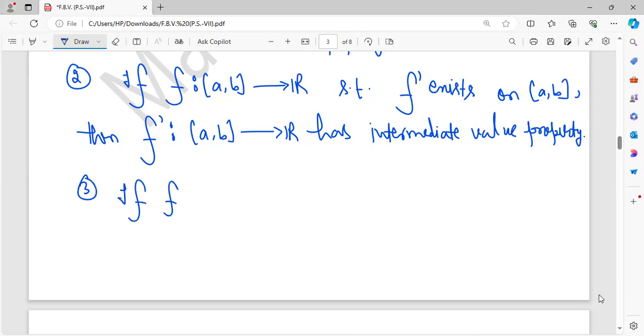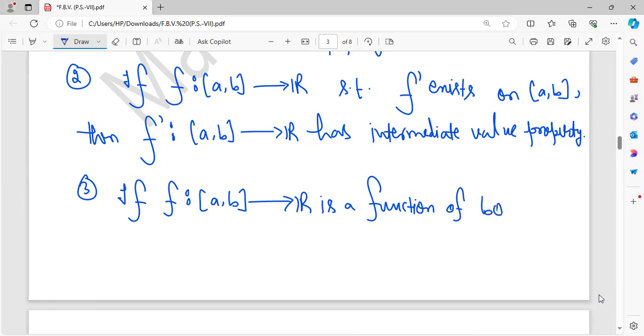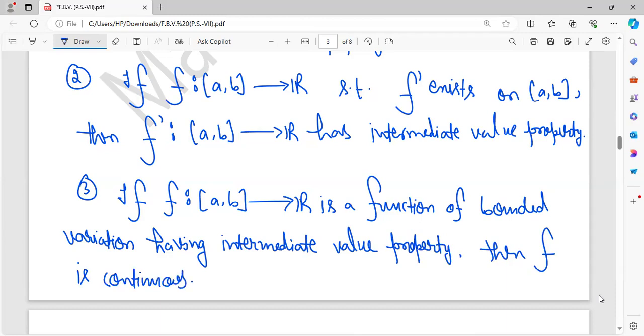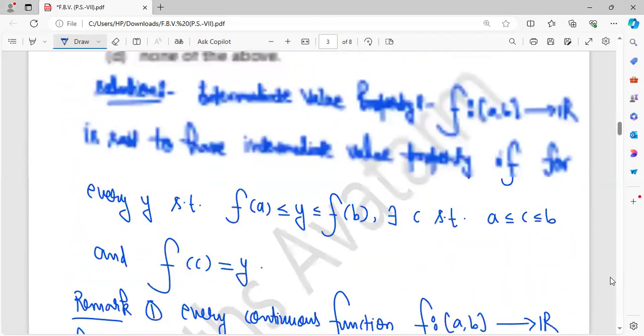If f is a function of bounded variation having intermediate value property, then f is continuous.